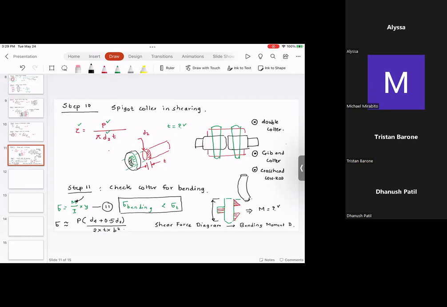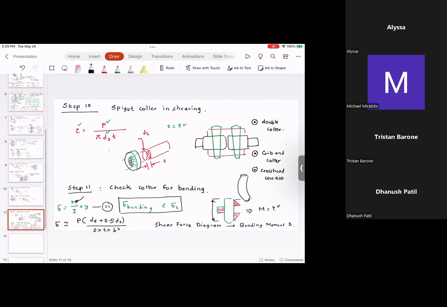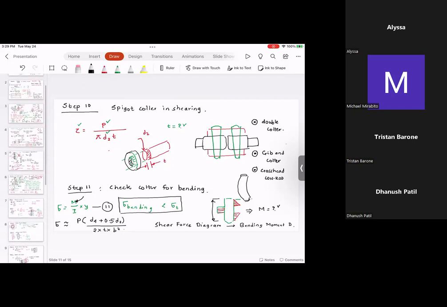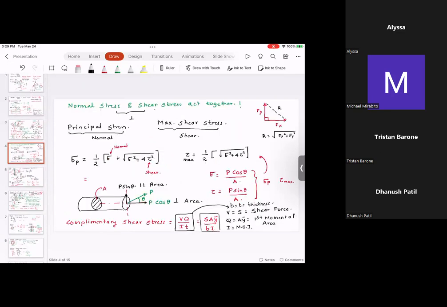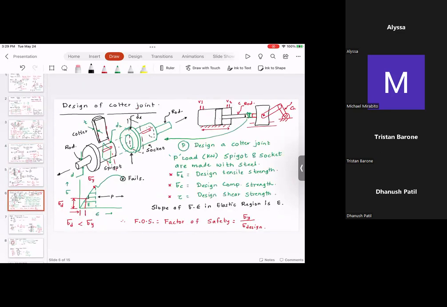At this point, I wanted to see, would you be able to plug in the values, get the dimensions, and draw the sketch of the Cotter joint? Do you want me to solve any problem, or you can actually just follow the design recipe that I gave you and then design the Cotter joint?